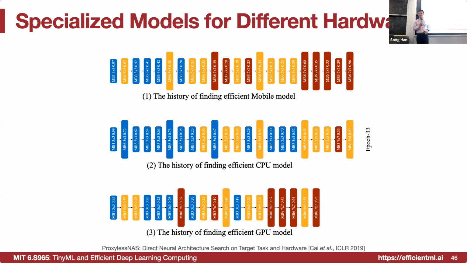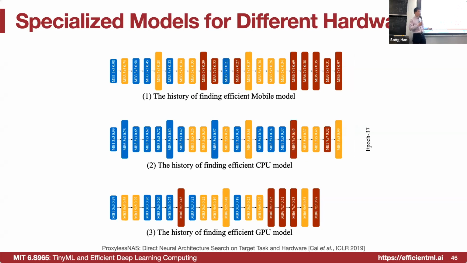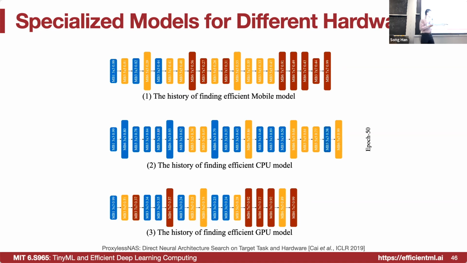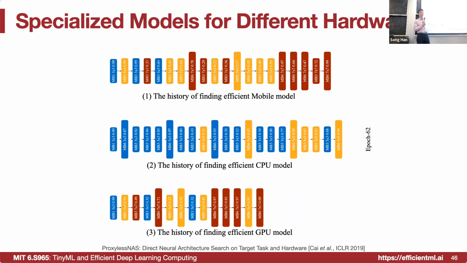And after a couple of epochs of training, it starts to use these wider layers and a larger kernel size, but the depth is getting shallower and shallower. The GPU has large parallelism. It prefers a smaller number of kernel calls. That's why it prefers such shallow but wide models, right?